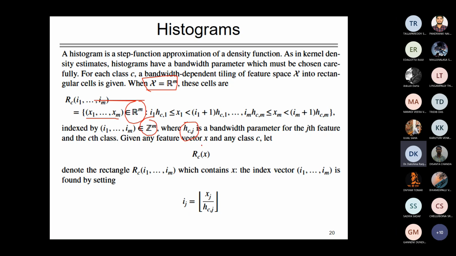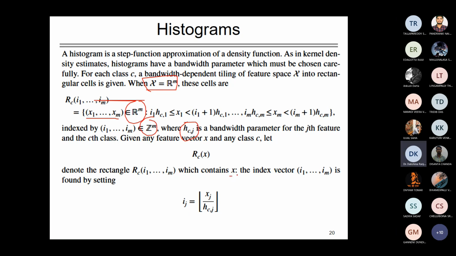So given any feature vector x and any class C, we can write R_C(x), and this R_C(i1, ..., im) denotes the rectangle, and this rectangle will contain the feature vector x.